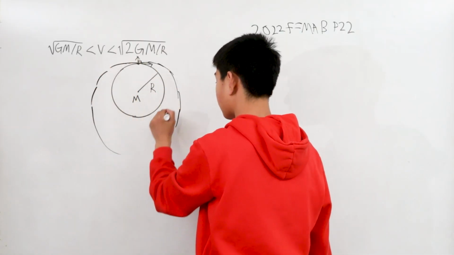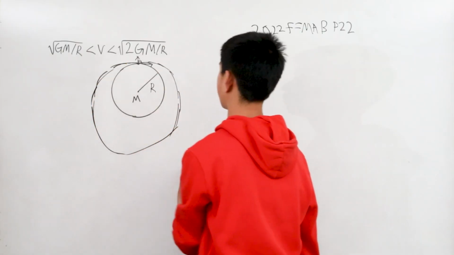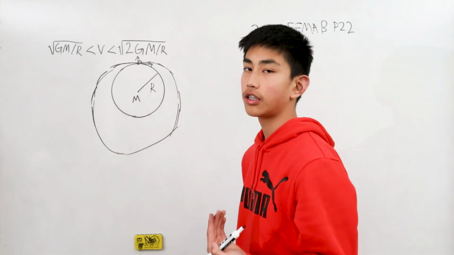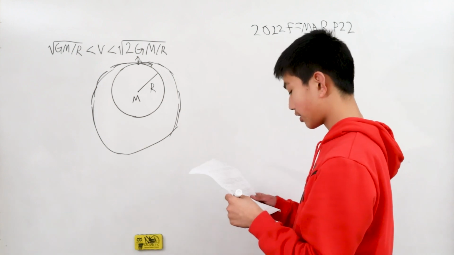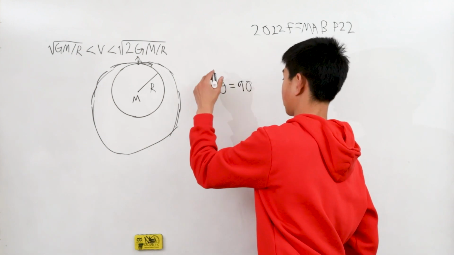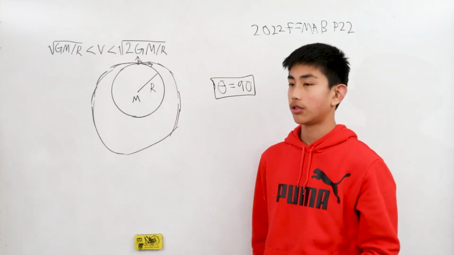If you draw an ellipse around it, it will never hit the planet if the velocity is perpendicular to the centripetal force. So for this problem, our answer is only theta equals 90 degrees. Otherwise, it will always hit the planet. So that's your answer.